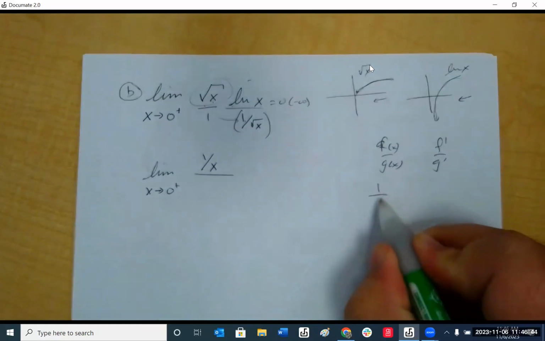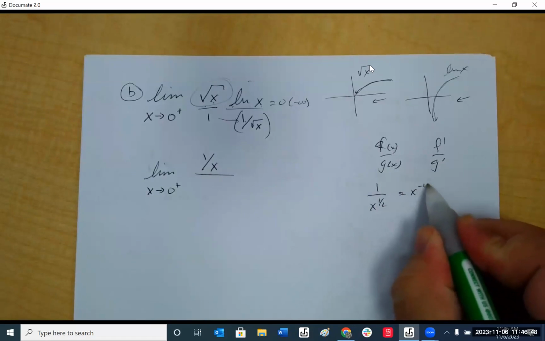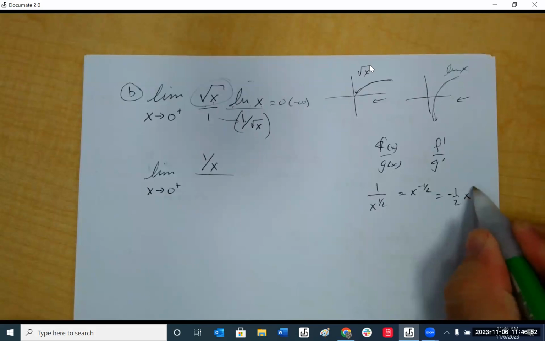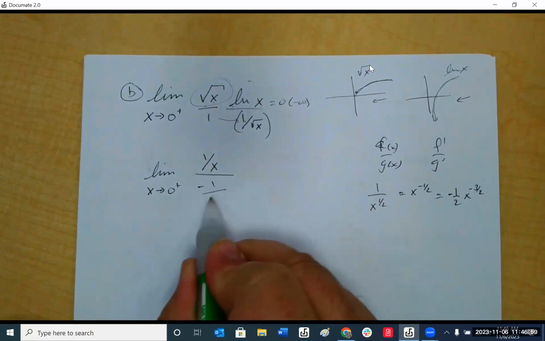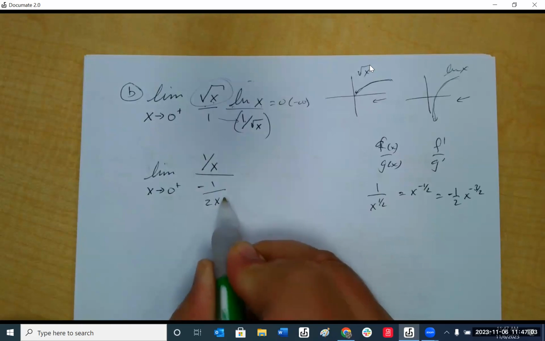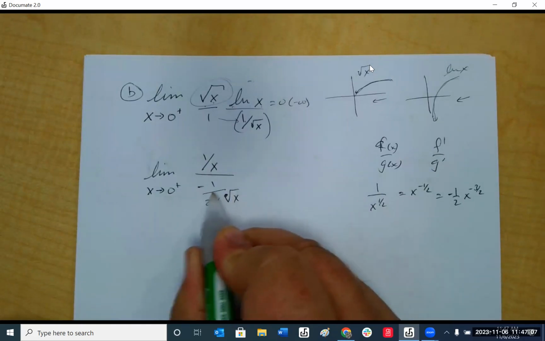The derivative of 1 over x to the power 1/2 becomes negative 1/2 x to the power negative 3/2, which becomes negative 1 over 2x square root of x.